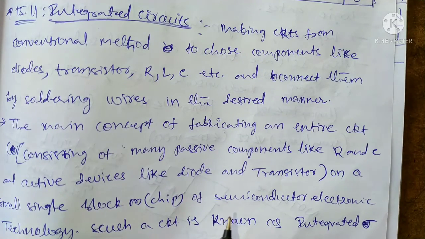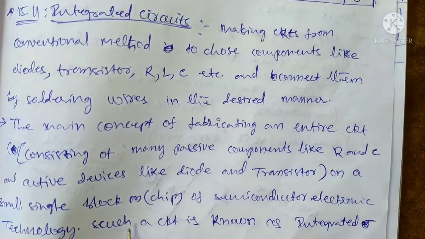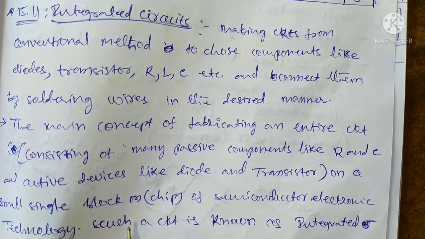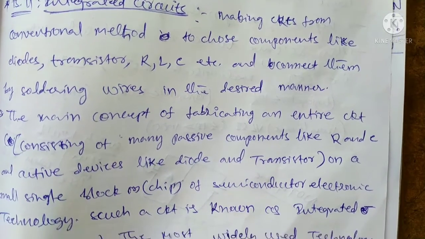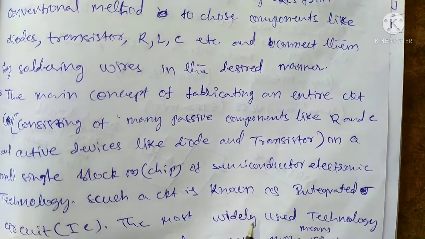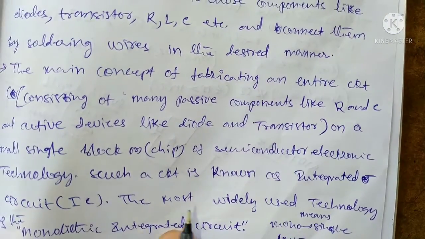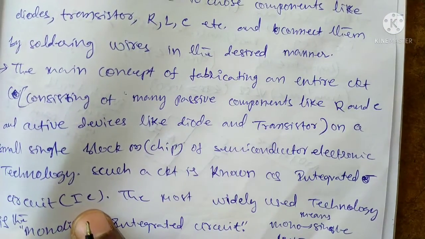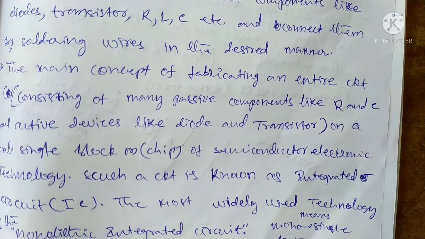An integrated circuit is called an IC, that is, IC means integrated circuit. The integrated circuit is small. It is widely used in technology, research, and many instruments. That is called integrated circuits. Okay, integrated circuits are like this.